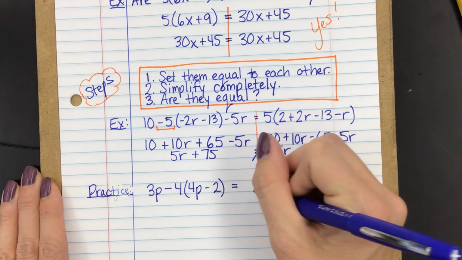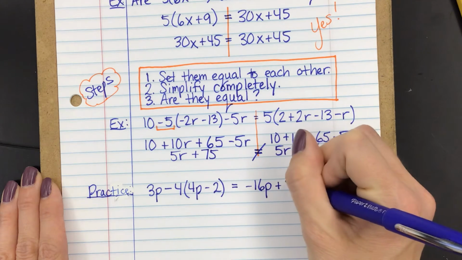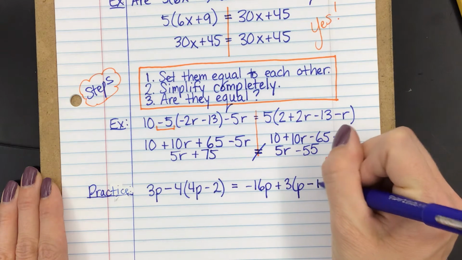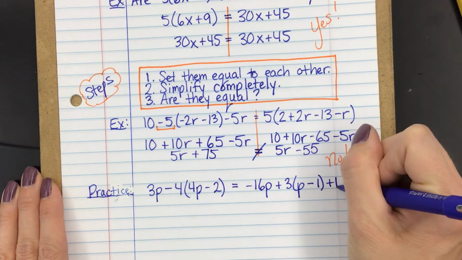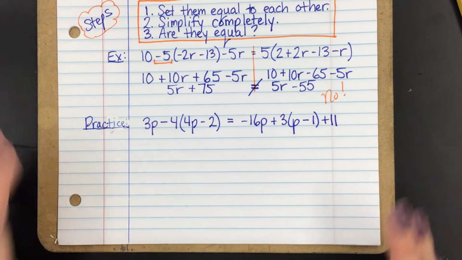And we'll see if it's equivalent to -16p plus 3 times p minus 1 plus 11. Okay, give that a try.